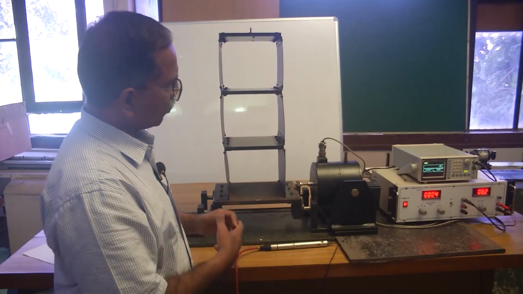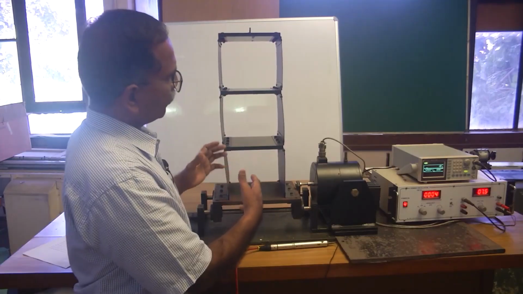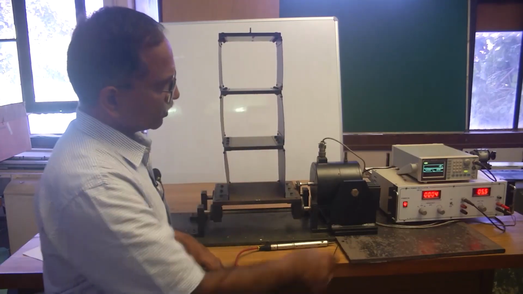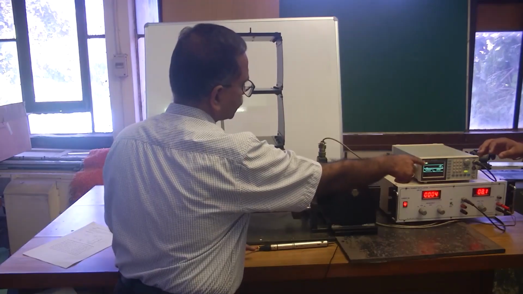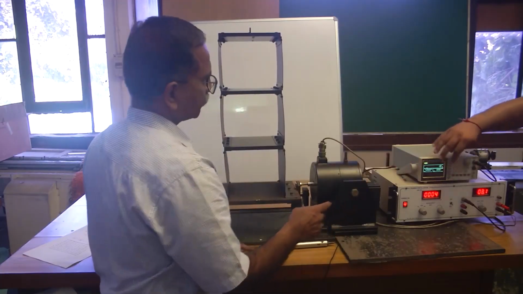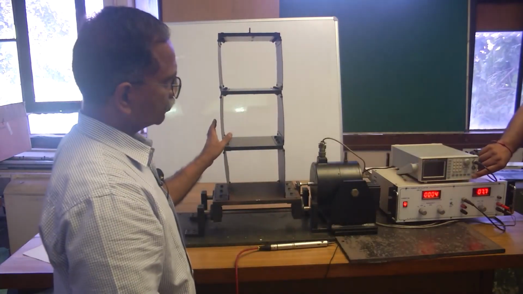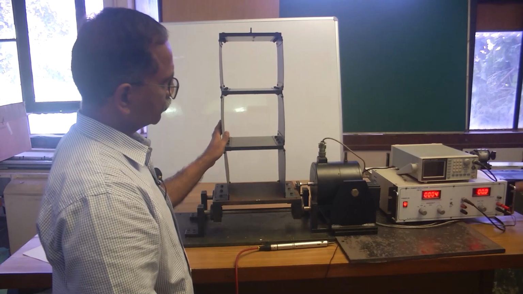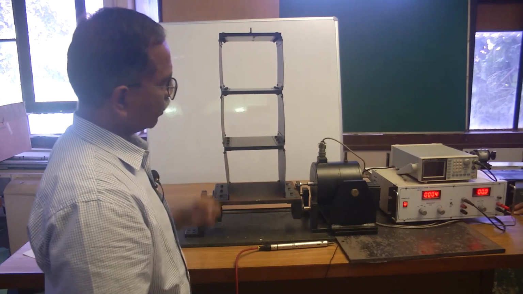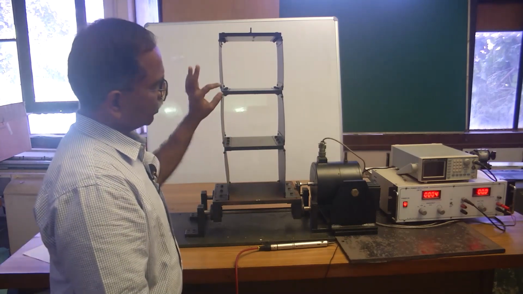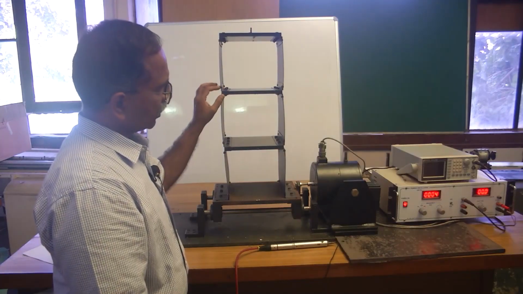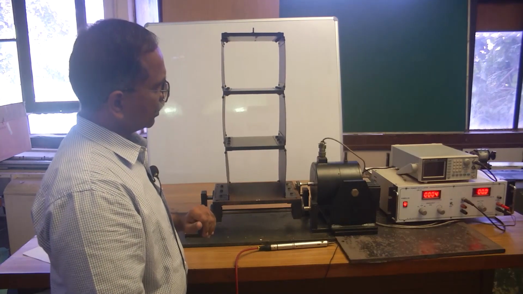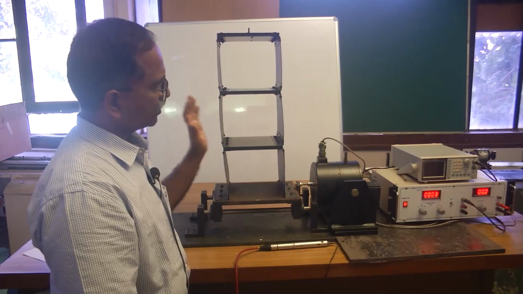Now, if we want to let it vibrate freely, I can disturb this. So, if I want to excite this system into free vibration, I can disturb this, and this is how it vibrates freely.